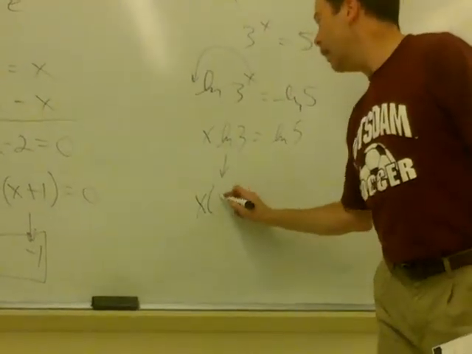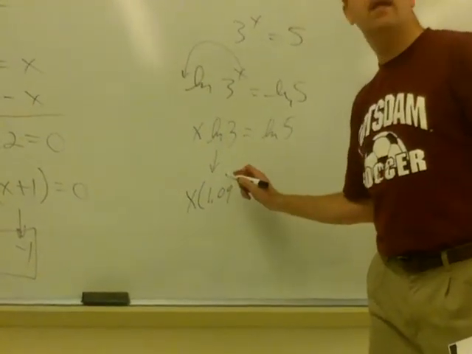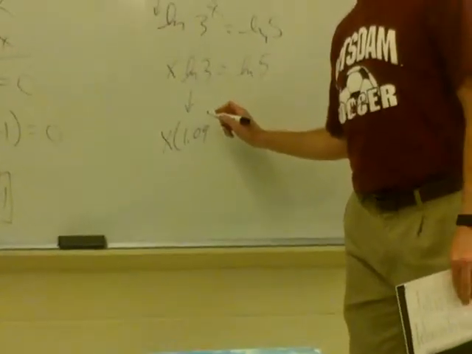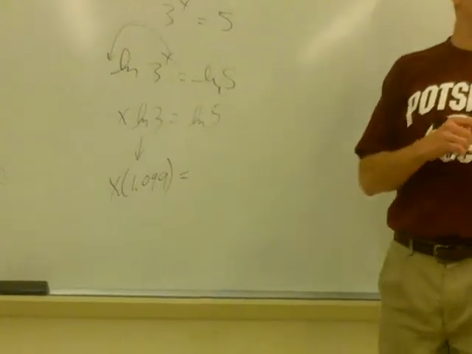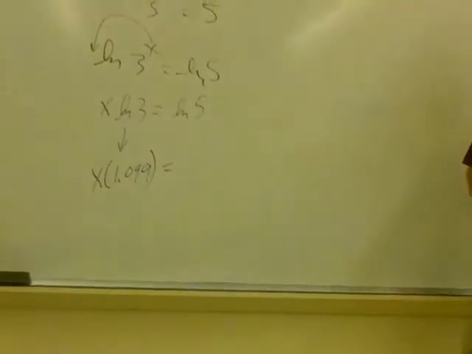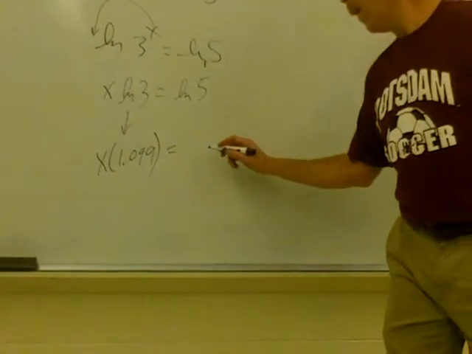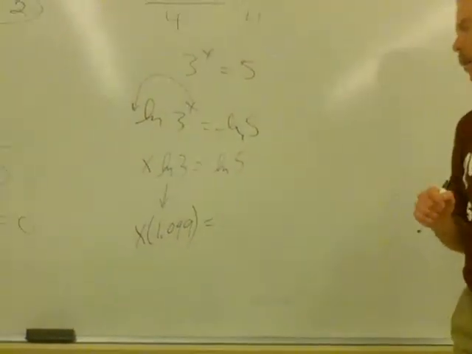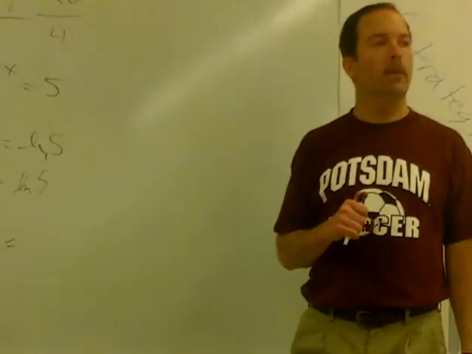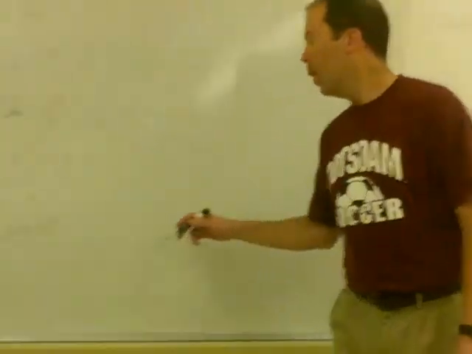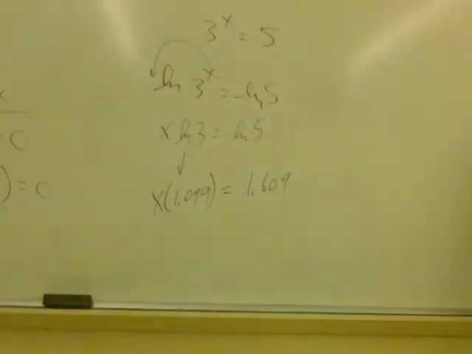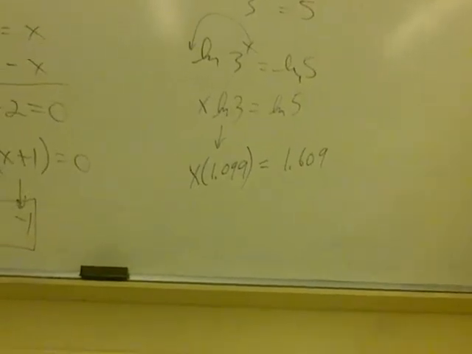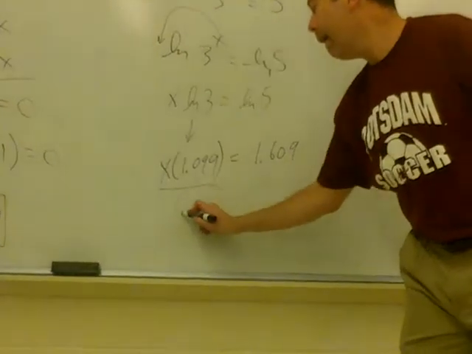So x times 1.098 equals the natural log of 5, which is 1.609. So getting x by itself is easy. Just divide both sides by 1.099.